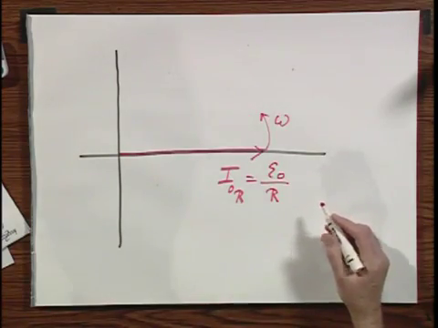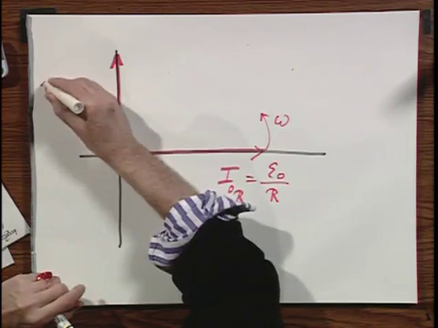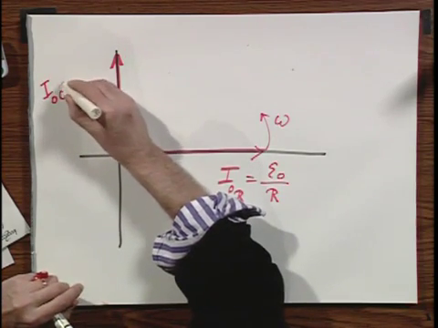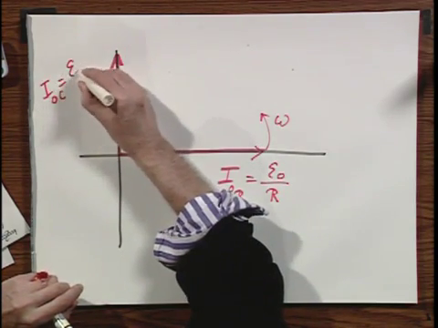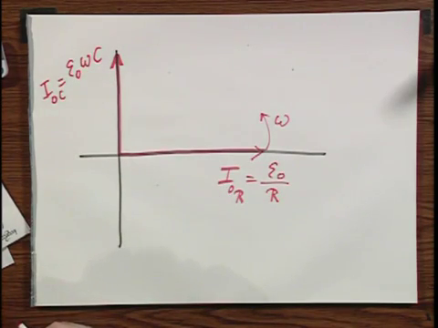Now I put here in the vector the amplitude of the current for the capacitor, which is E0 omega C. You can see that immediately from my previous text, if I can find my previous text.